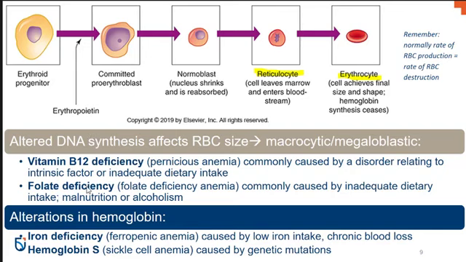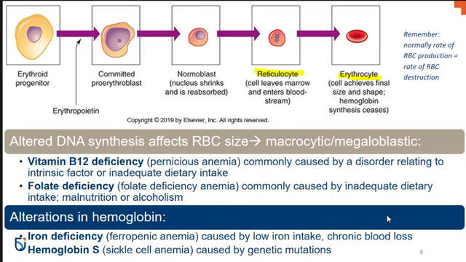Another deficiency is called folate deficiency. Folate is vitamin B9. And if somebody has folate deficiency, it can lead to, as you would guess maybe, folate deficiency anemia. And why would somebody be deficient in folate? Oftentimes it's because they're not taking in enough of it. Folate is found in healthy foods, a lot of your green foods in terms of vegetables.